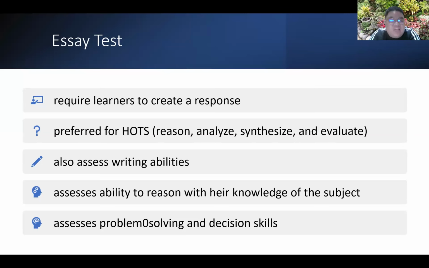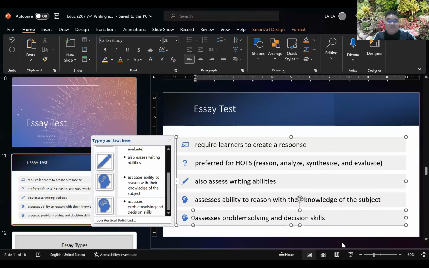And it is through essay that we will be able to help our students develop their writing skills. And also, it can assess the ability to reason with their knowledge about the subject. In other words, class, tinitingnan natin whether they are able to reason based on the topics that we are discussing, based also on the lessons that we have already discussed, and assess problem solving and decision-making skills among your students.